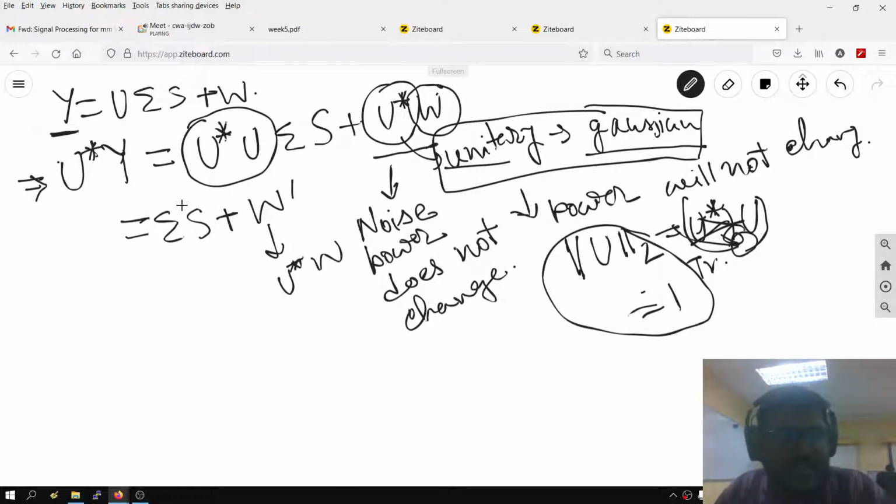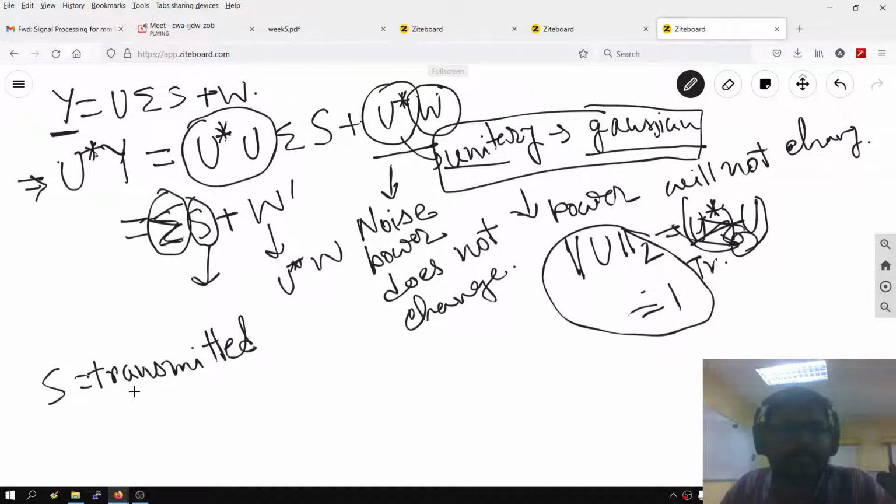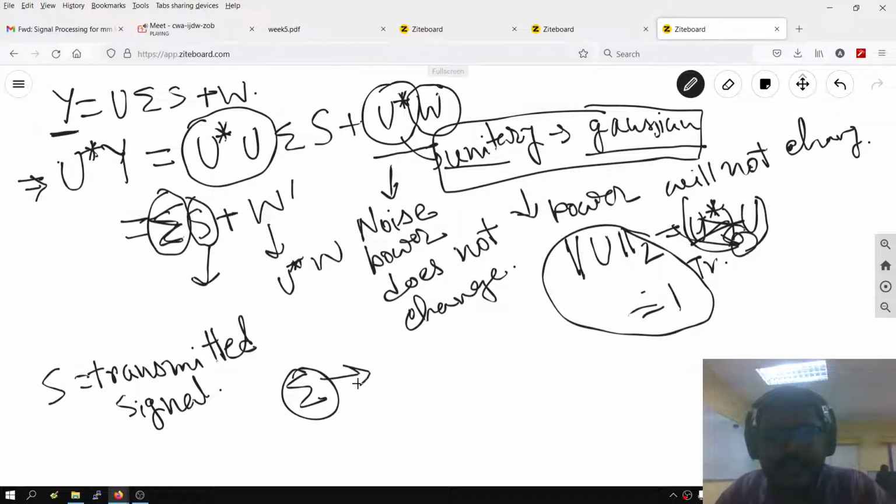So see, what is the advantage now? If we take this epsilon matrix, and S is the actual transmitted signal, and epsilon is what? For SVD, epsilon is diagonal.